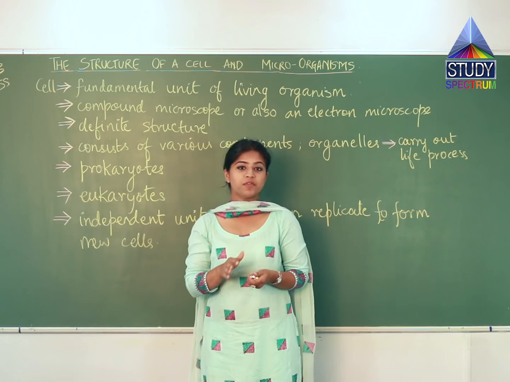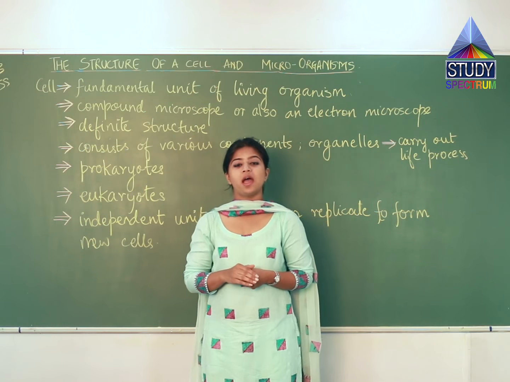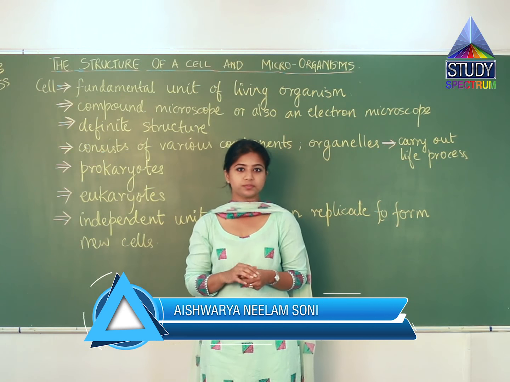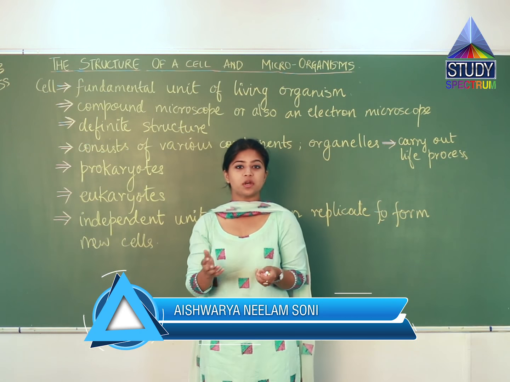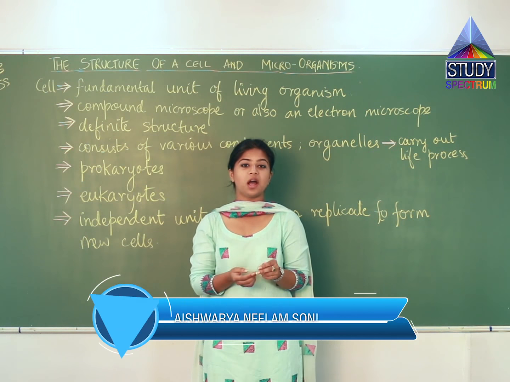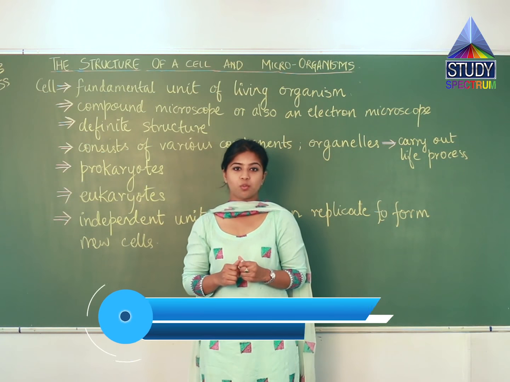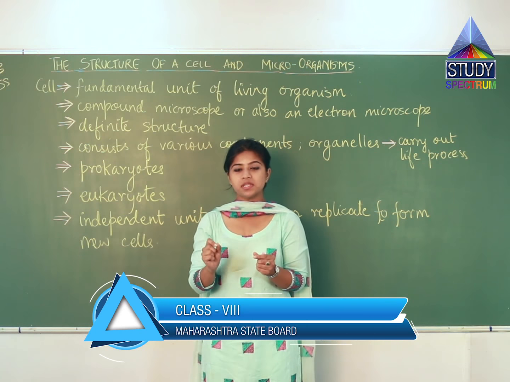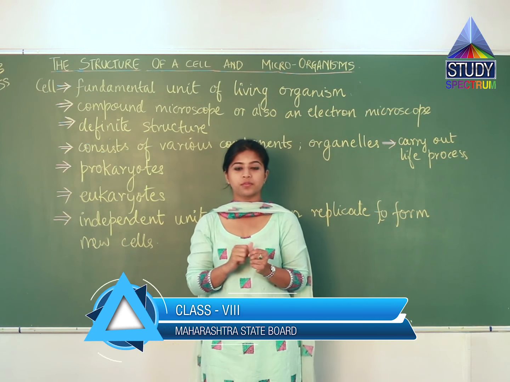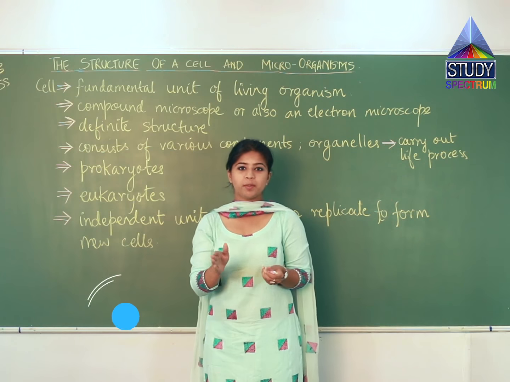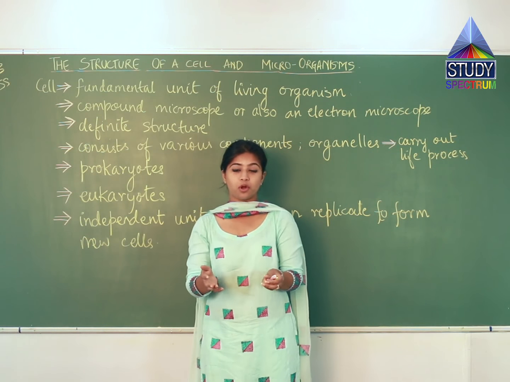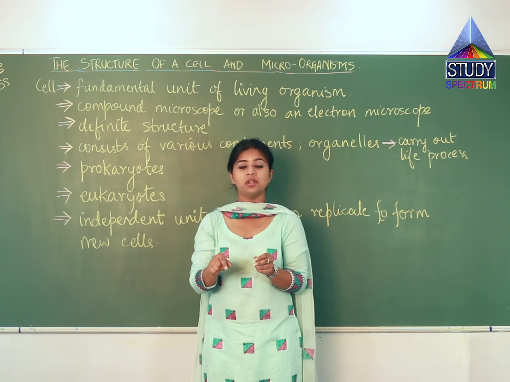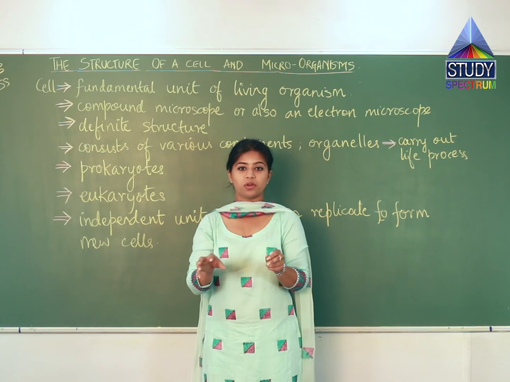The name of the scientist was Robert Hooke, and in the year 1665, that is around 350 years ago, he was observing a thin layer of cork under a microscope. What he observed was that the cork had small compartments in it, just like a honeycomb. I hope that sometime you might have seen a block of honeycomb fallen down, and you could see the hexagonal pattern present all over it.